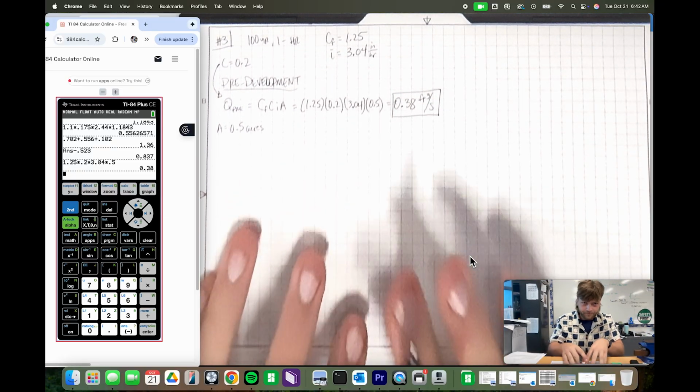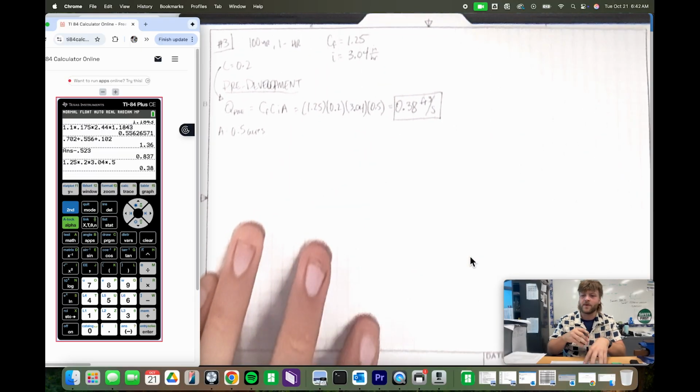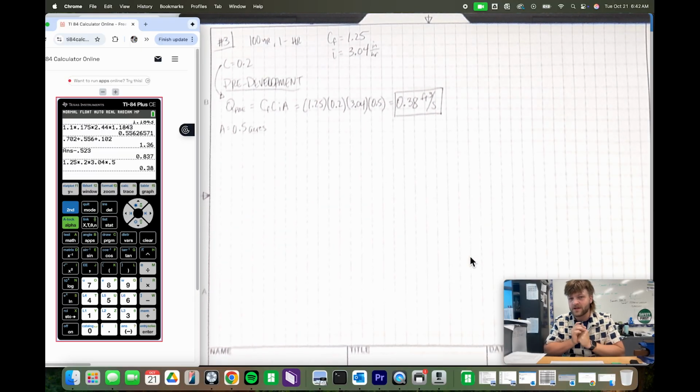Now, guys, this is just our pre-development, right? We want to find that change in peak runoff rate, so you do have to calculate for post-development as well. Now, remember, post-development, we've got to take into consideration all the different materials, all the different surface types. So you might have roof, concrete. The land is also going to be improved, right? So you'll have to designate in terms of your lawn what is the case for you.